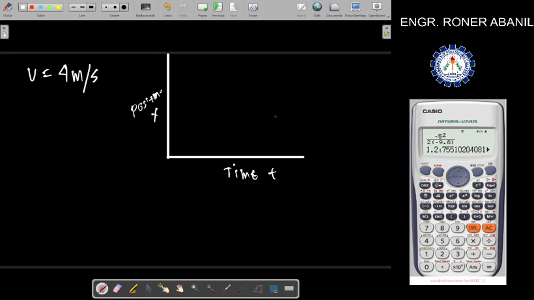Since the position of the bike increases by 4 meters every second, the graph of x versus t becomes a straight line.